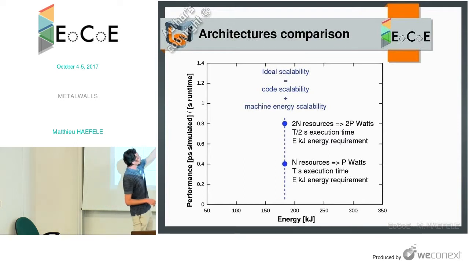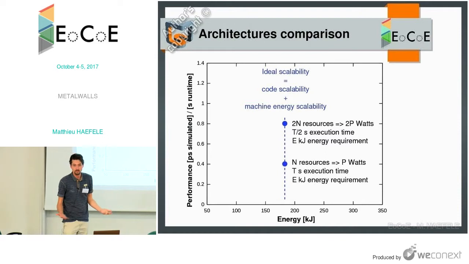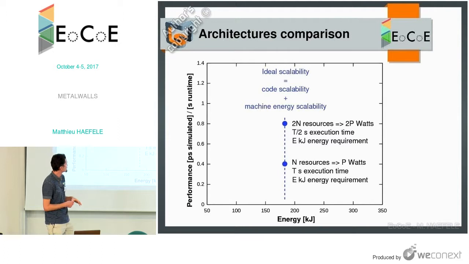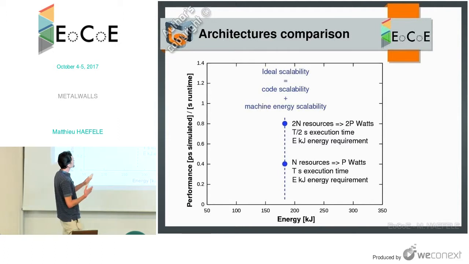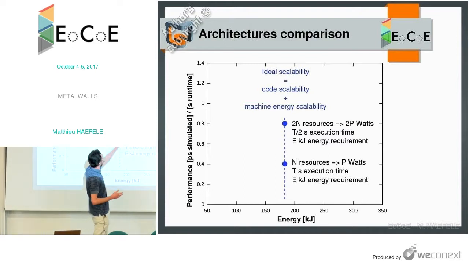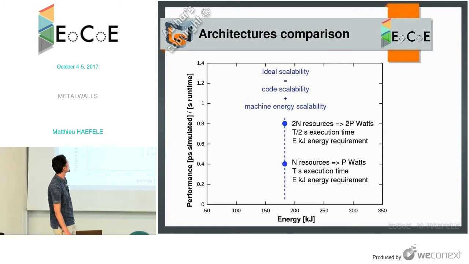If I double the number of resources and assume that my code and the machine scale perfectly in energy, the machine will use 2p watts at each time. As it scales perfectly, my restitution time is divided by 2, so the energy is the same, and that should give this vertical line. In general, as the world is not perfect, our code will go to the right, away from this vertical line.